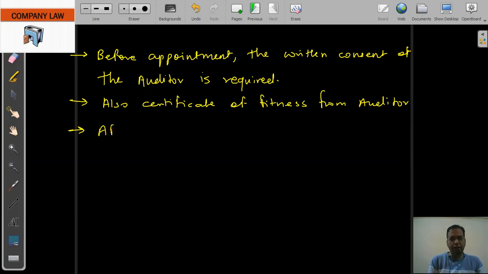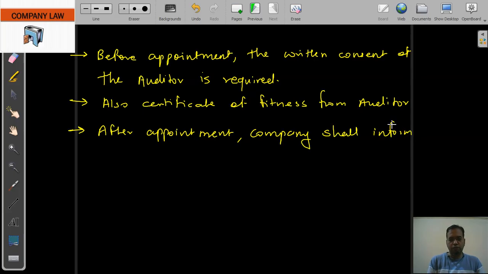So after appointment, the company shall inform the auditor concerned, whoever has been appointed, of his or its appointment if it is a firm.